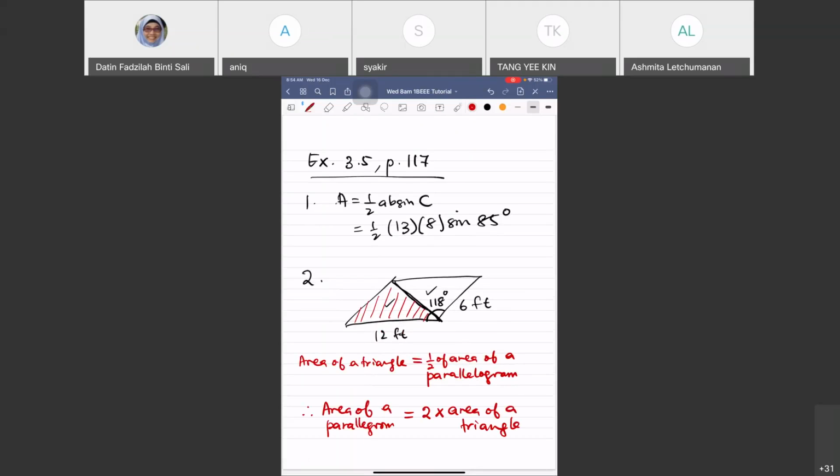You can see from the diagram, a parallelogram consists of two triangles.